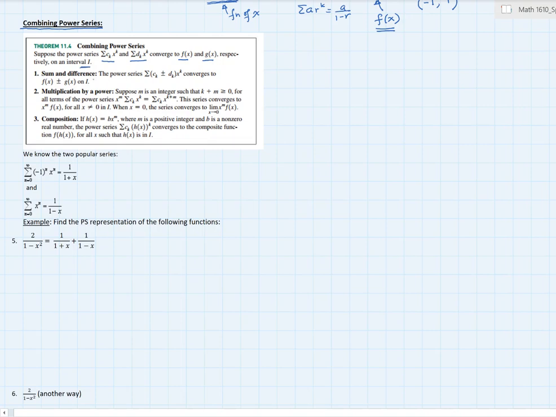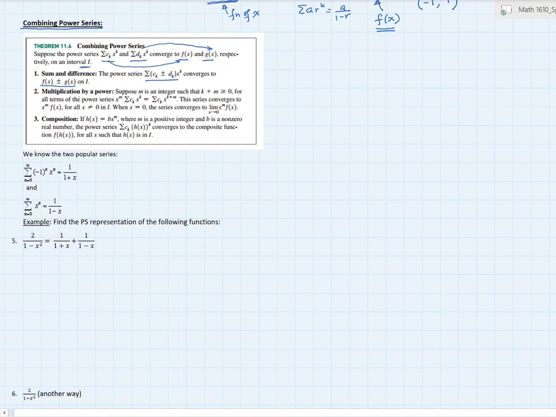Then what it's saying is that if you add or subtract these two series, then they will converge to f plus or minus g. Obviously, because if this one goes to f and this one converges to g, then if you add them, you will have the addition of f and g.